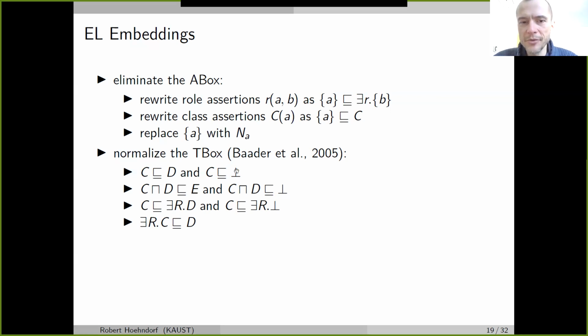This bottom symbol is the unsatisfiable concept. In the second type of normal form, we have the intersection of C and D subclass of E, and then we have a way to express basic disjointness between C and D, basically, the intersection of C and D is empty. So we have 7 normal forms, and you'll see that the bottom symbol cannot appear in the 4th one, so it cannot appear on the right-hand side there.